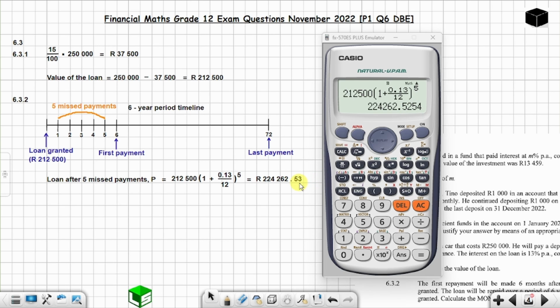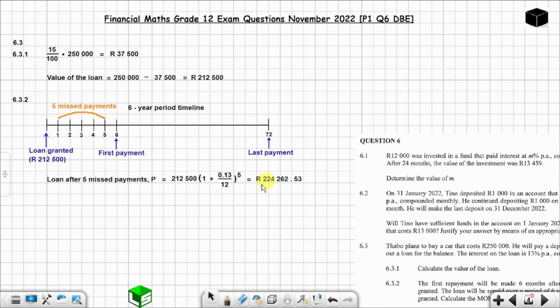So this is the new value of the loan after missing 5 payments. This is what we are going to use in our present value formula.